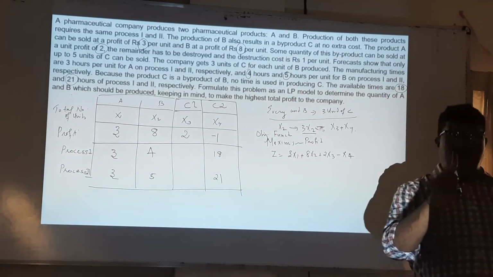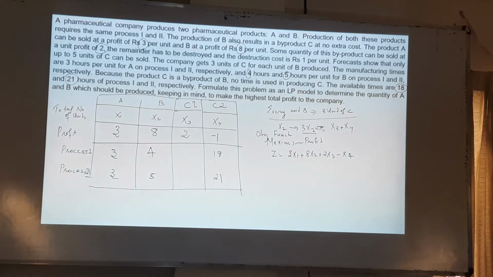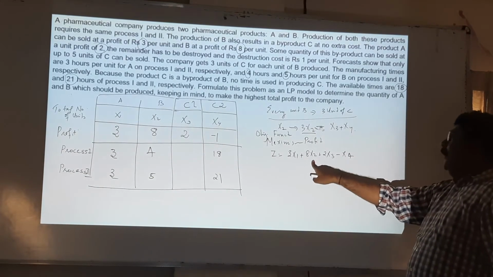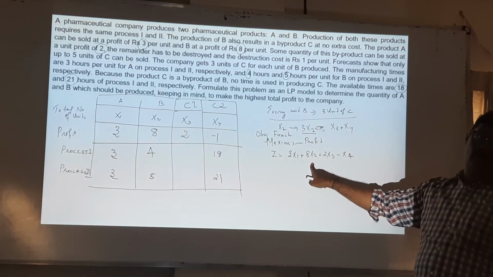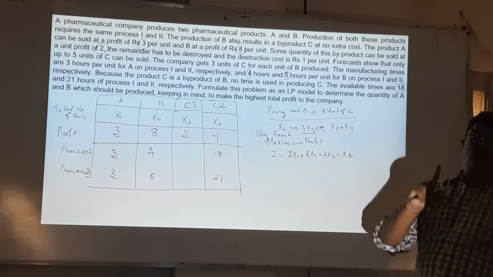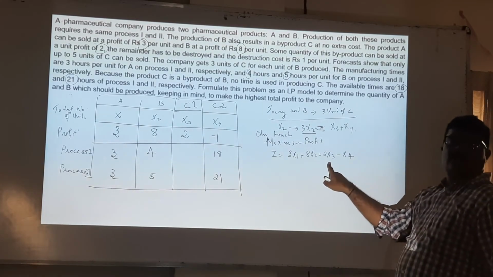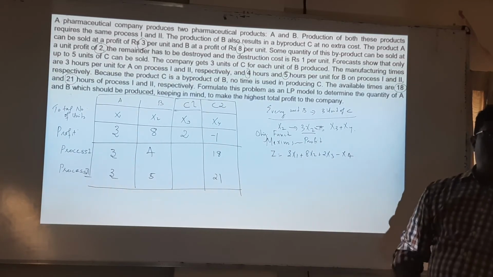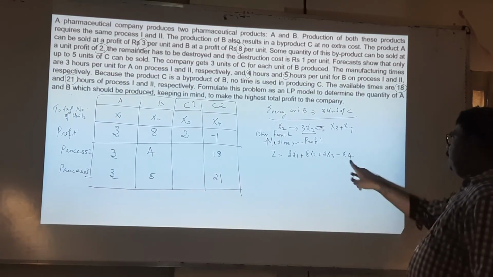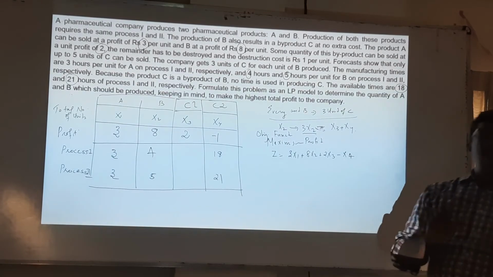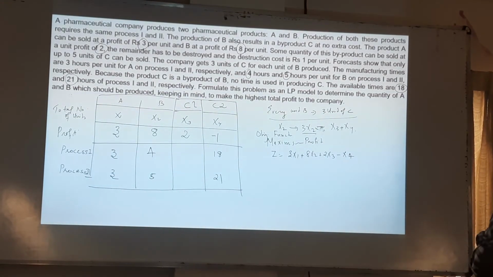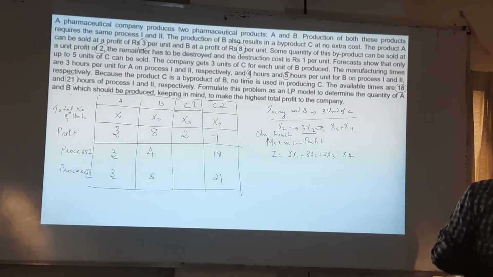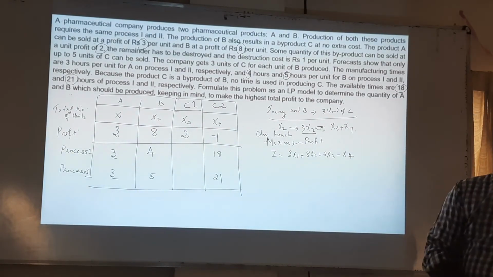Why? 3 rupees for 1 unit of A, so x1 units is 3x1. 8 rupees for 1 unit of B, so 8 into x2 for x2 units of B. Plus x3 units of C, it is 2 into x3 because 2 is the profit associated with one unit. And here is the destruction cost. X4 units of C are destroyed, so 1 into x4 should be subtracted from profit because it is a cost element.